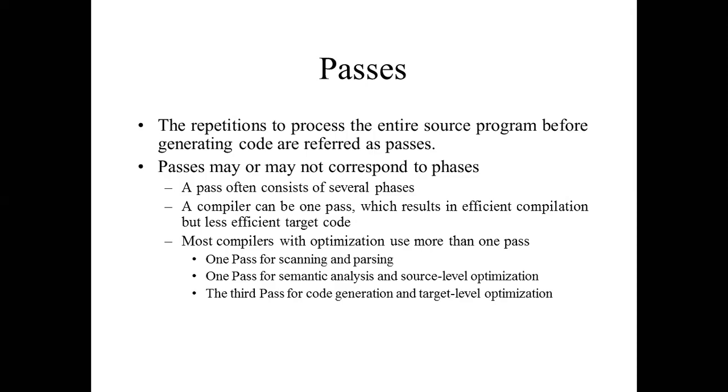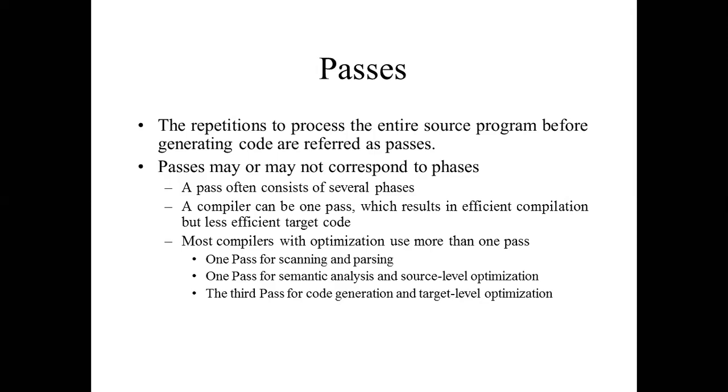The compiler may be single pass or multi-pass. If we are dividing our work into a number of divisions or sections, then it is called multi-pass, or otherwise it is called single pass. In the case of single pass, the compiler will process the whole program in a single pass.